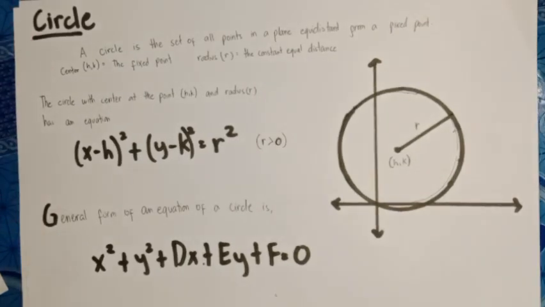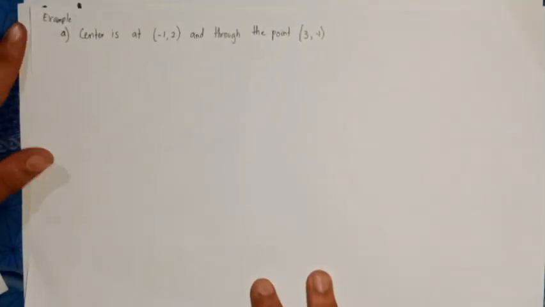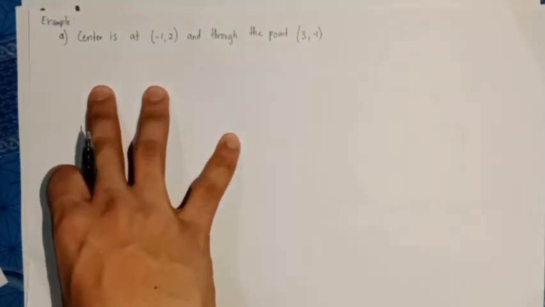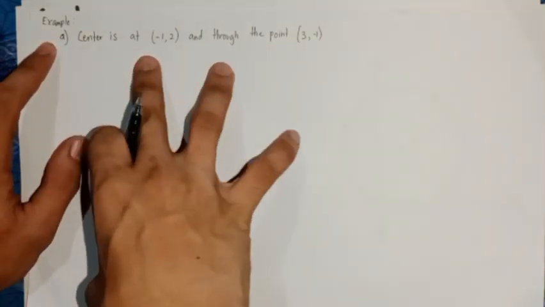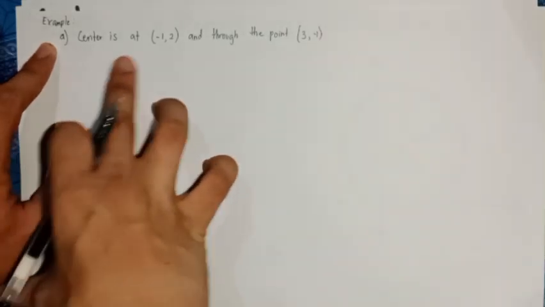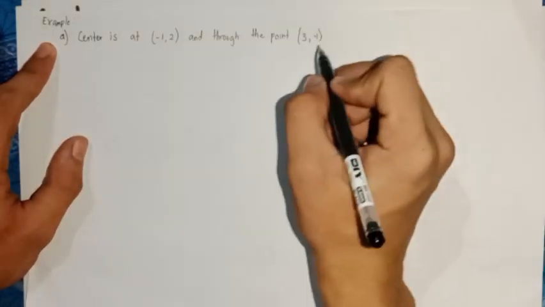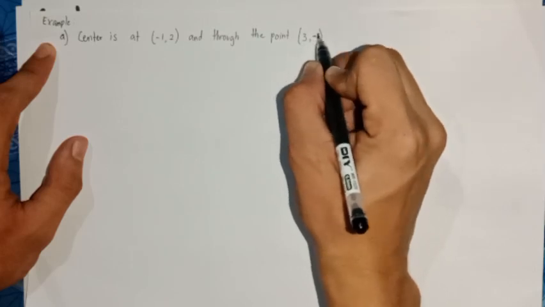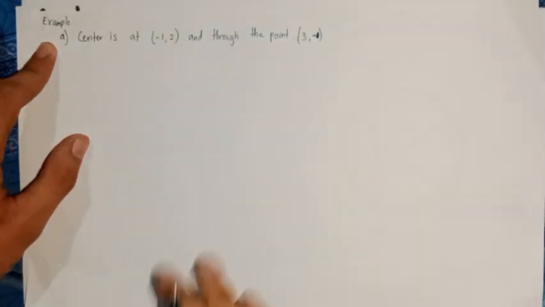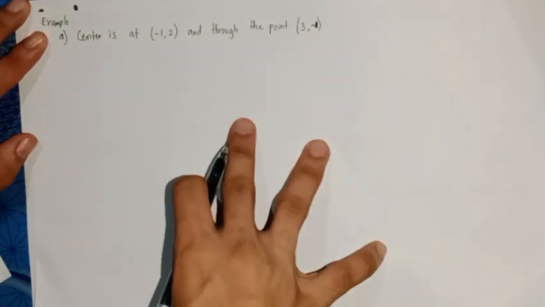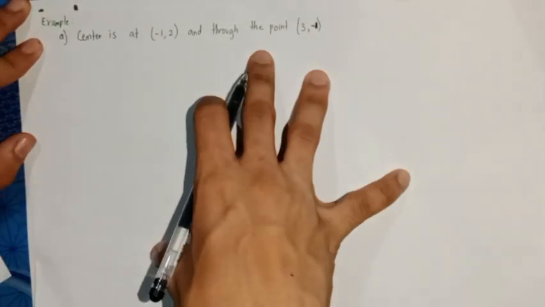Now, let's have an example. Find the equation of the circle by this given condition: the center is at (-1, 2) and it passes through the point (3, -1). How do we find the standard equation of a circle using this given condition?